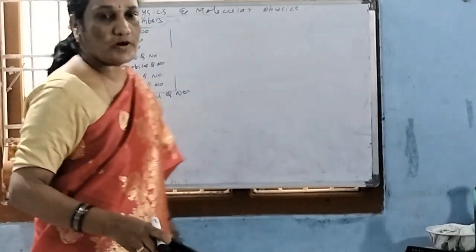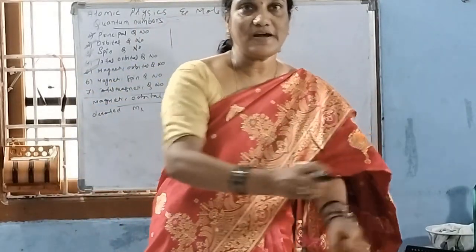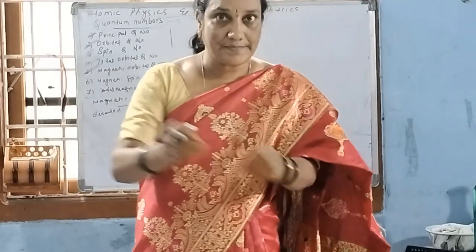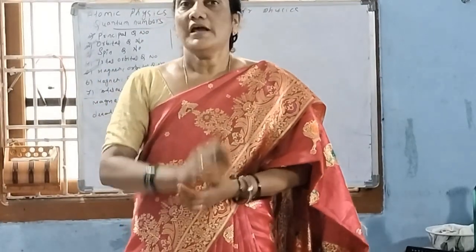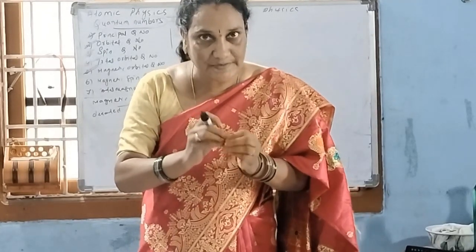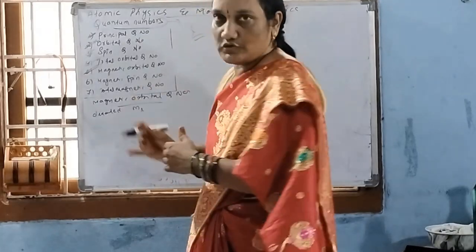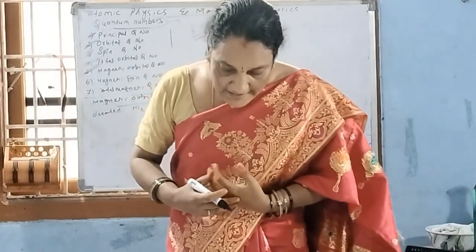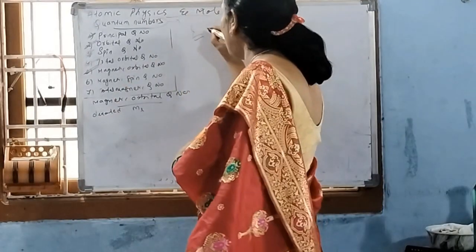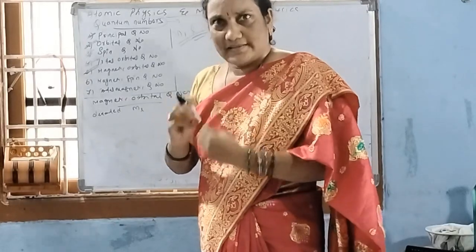Then why this magnetic orbital quantum number? When we take the atom and place it in a strong field, we will find that there is a slight difference between the L values and the N values of the electrons.